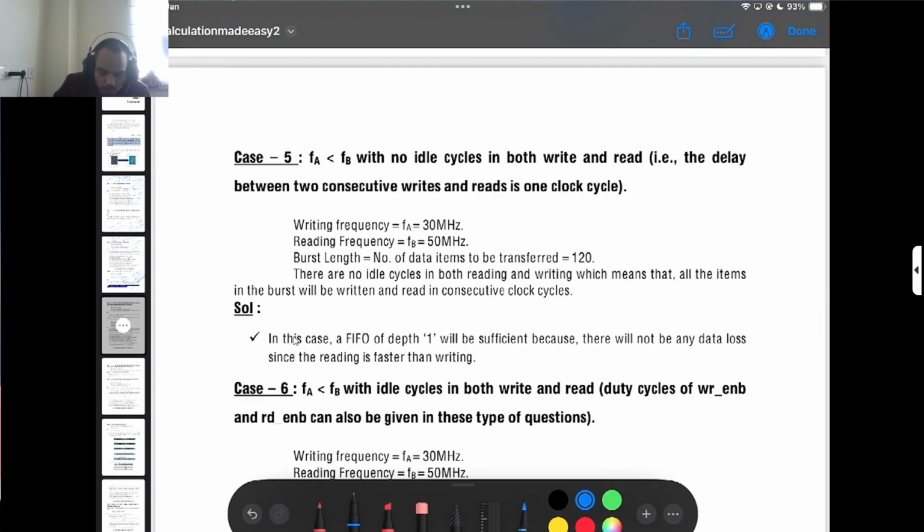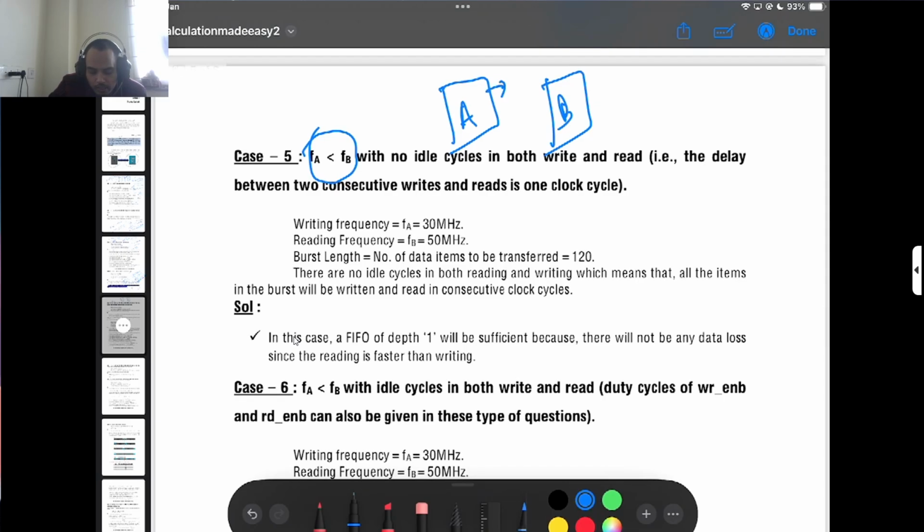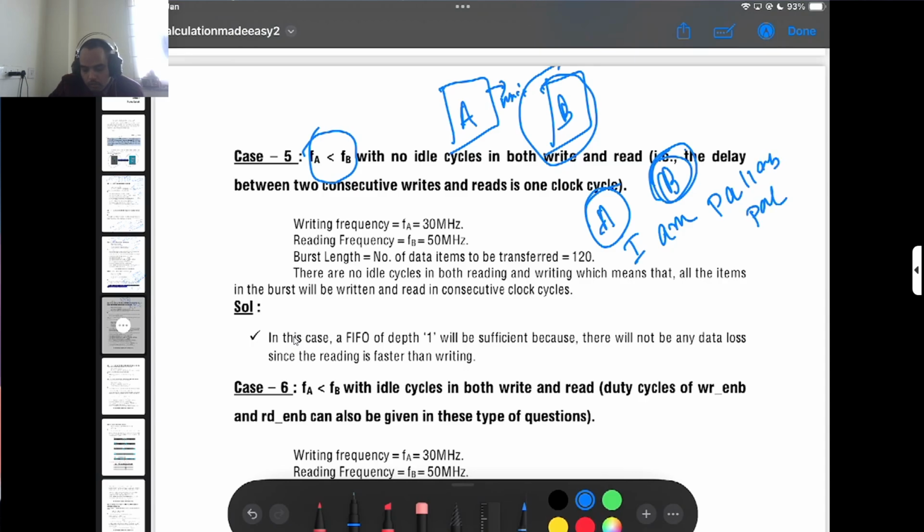Basically, my FA is less than FB. So this is my module A and this is my module B. Here the sending end, or write data, is much slower than reading data. Suppose me and my friend are the two modules, A and B. A is me and B is my friend. I am writing slowly, and my friend's reading speed is very high.